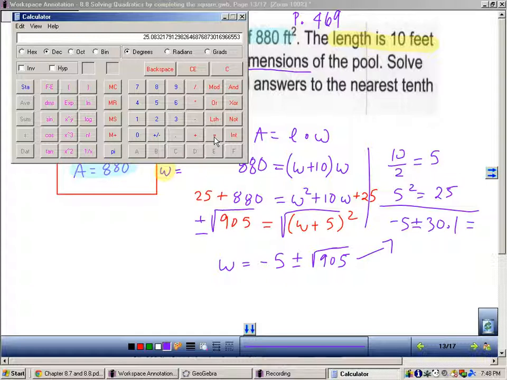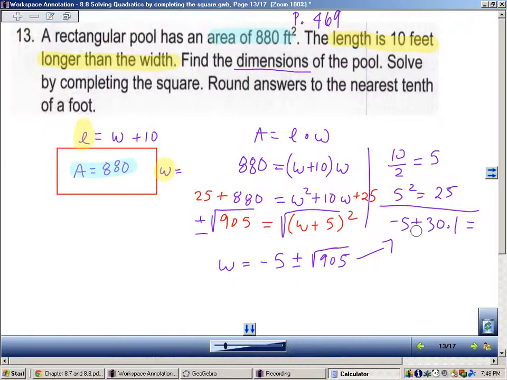So when I add, I end up with 25.08, about 25.1.